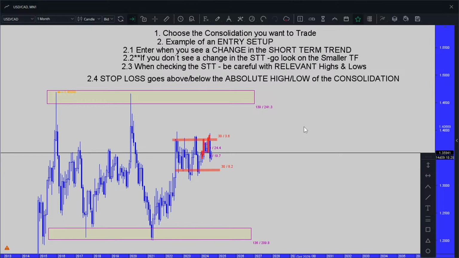Sam is asking, is the smaller time frame the time frame divided through 6? Yes. Some great question. Sometimes you're going to see the change in the short-term trend on the trading time frame, like 4-hour chart, daily chart, 1-hour chart, but sometimes you won't see the change in the short-term trend. Make sense?